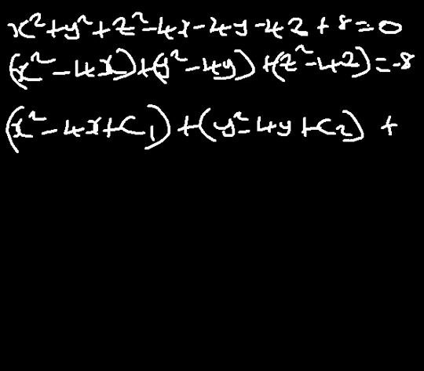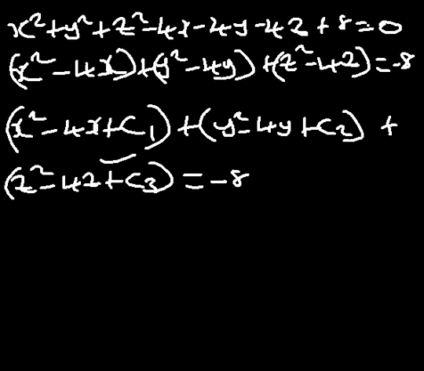We'll have plus z squared minus 4z plus c3, that is the c for the z family, which is equal to negative 8.